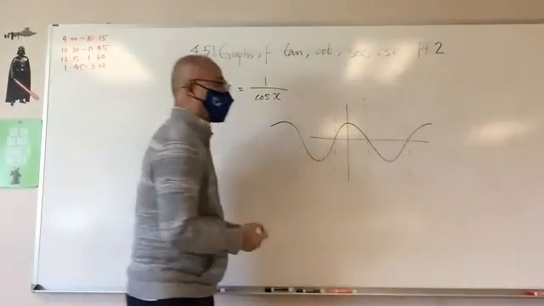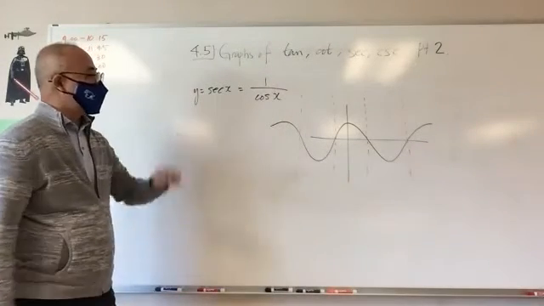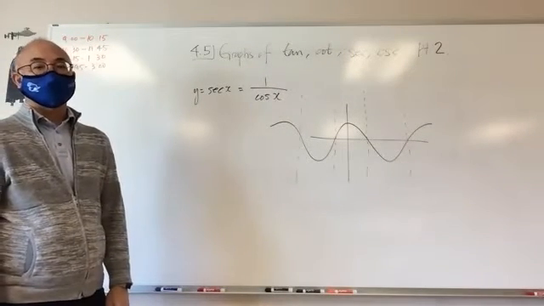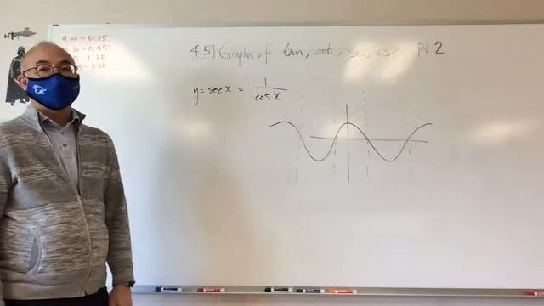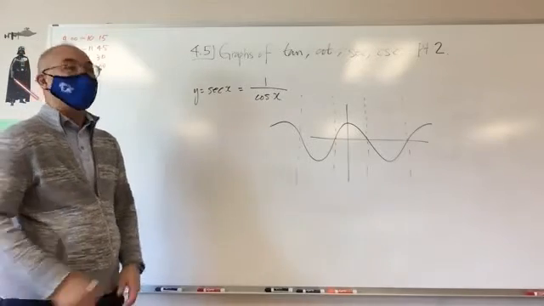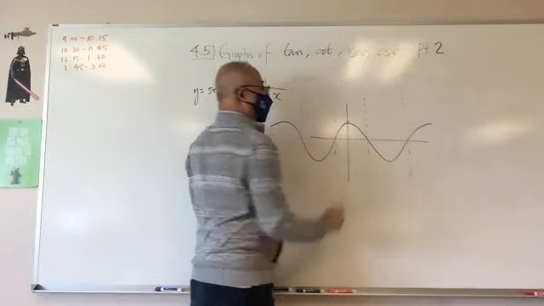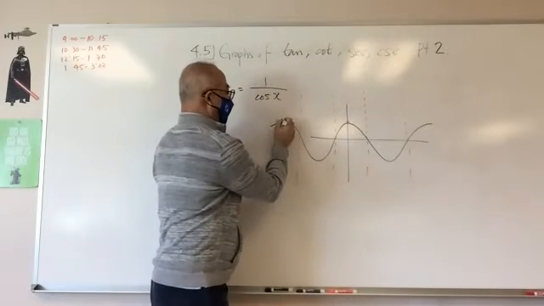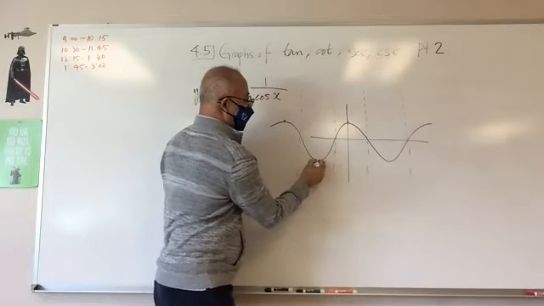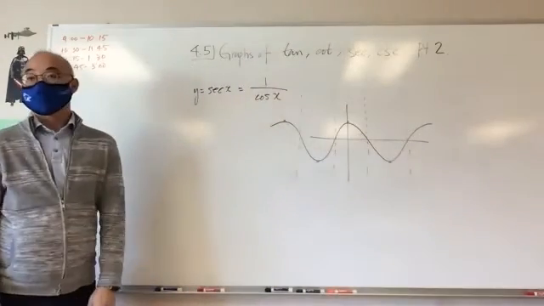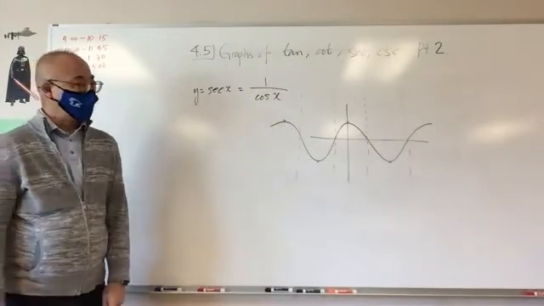So when cosine x is equal to 1, what is secant x? 1. Right there, right? These points, they all share that point. Because when it's -1, it's -1, right? Okay.